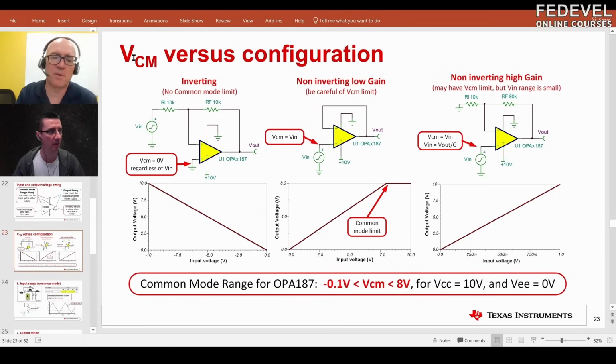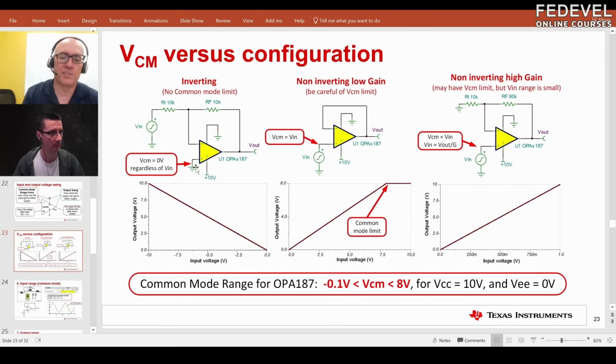Now, the common mode one is a little bit more difficult to understand because it really relates to the op amp configuration. So, for example, in an inverting configuration, usually you don't need to worry about the common mode range of the op amp.